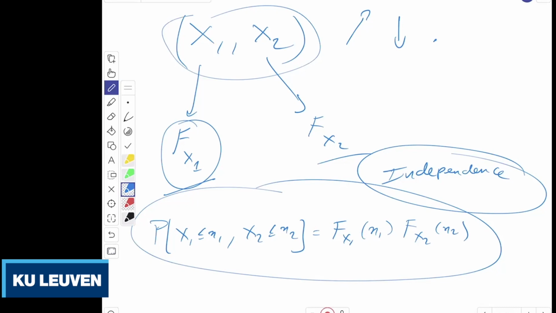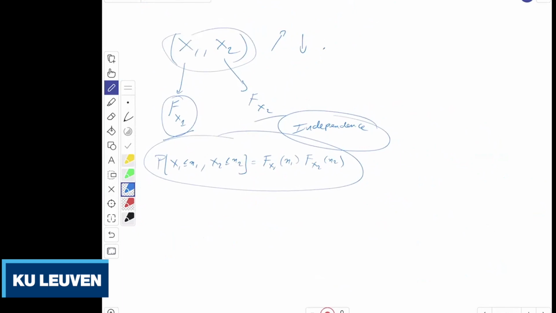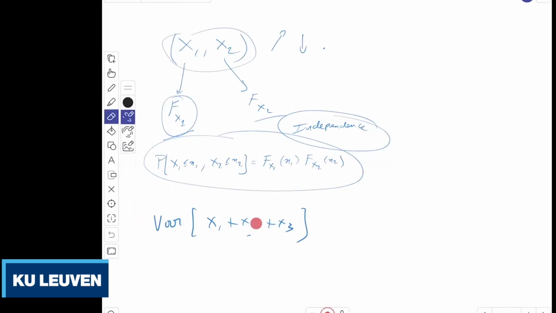Mutual exclusivity is one possibility. But you can also say, if I have multiple stocks, X1, X2, X3, say, that they are negative dependent if the variance of the sum is equal to 0.